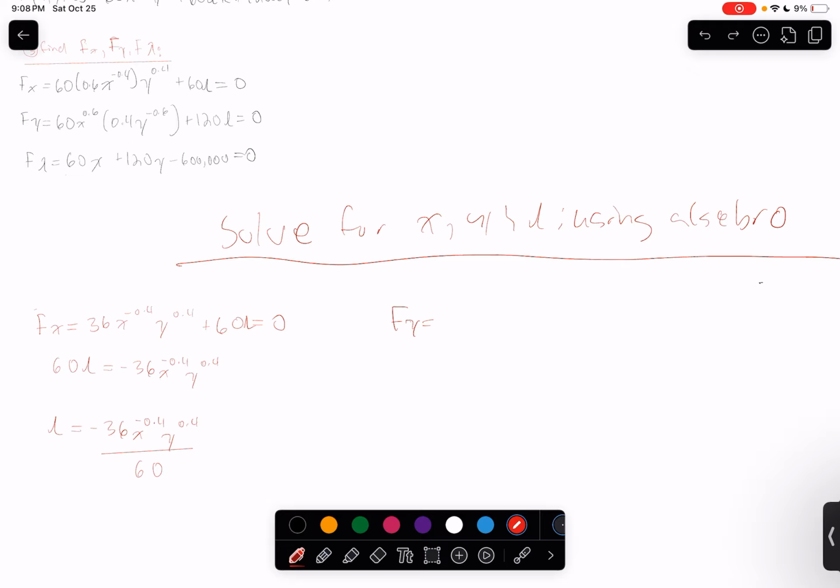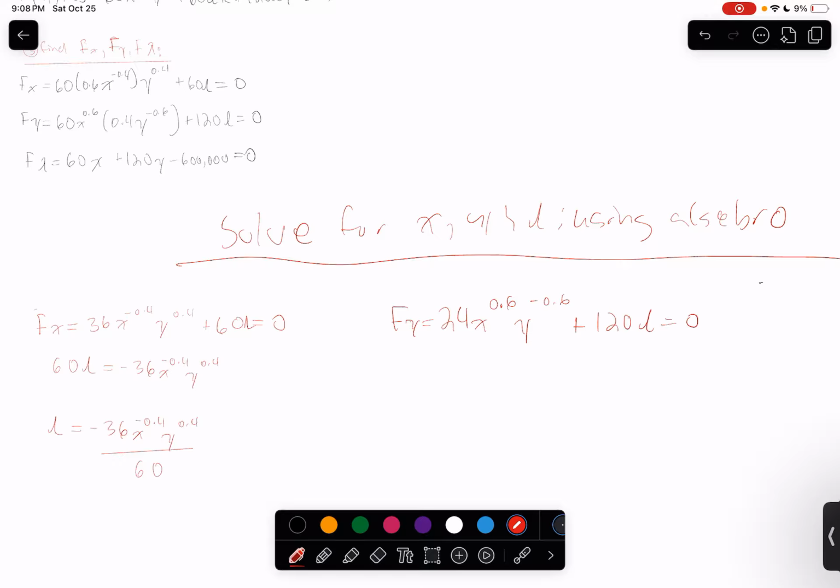All right, so we're going to have 24 x to the power of 0.6, y to the power of negative 0.6, because we use the power rule of exponents. Don't forget derivatives. And that's going to be added to 120 lambda. All right, we're going to equate that to 0.